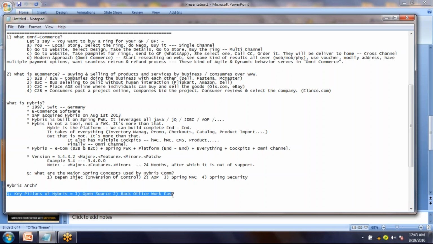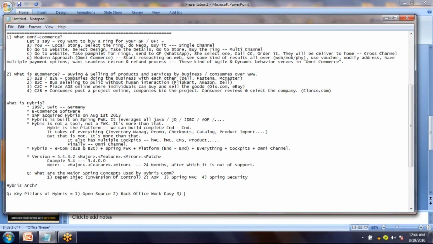Back office work is what you do whenever there are offers, promotions, advertisements, discounts, checking the logs, checking the performance, doing some analysis, doing some reports. All these things are called back office work. So you can do all those things very easily. That is one of the key pillars of Hybris.